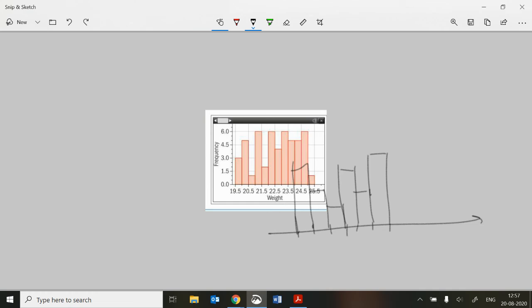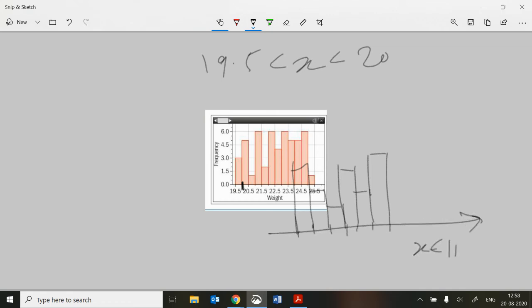For example, here they're talking about weights, and weights being between 19.5 and 20. So they're really saying, how many weights are between 19.5 and 20? Well, we're talking about continuous data here. For continuous data, we need an x-axis with real numbers on.